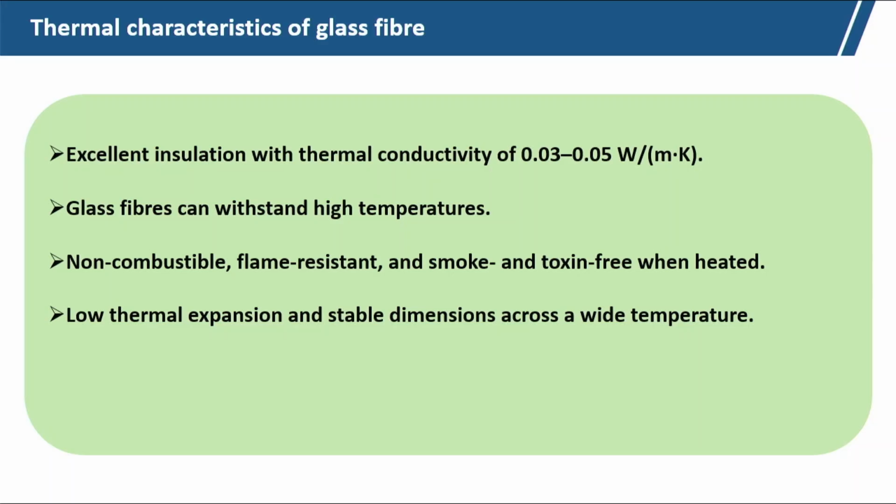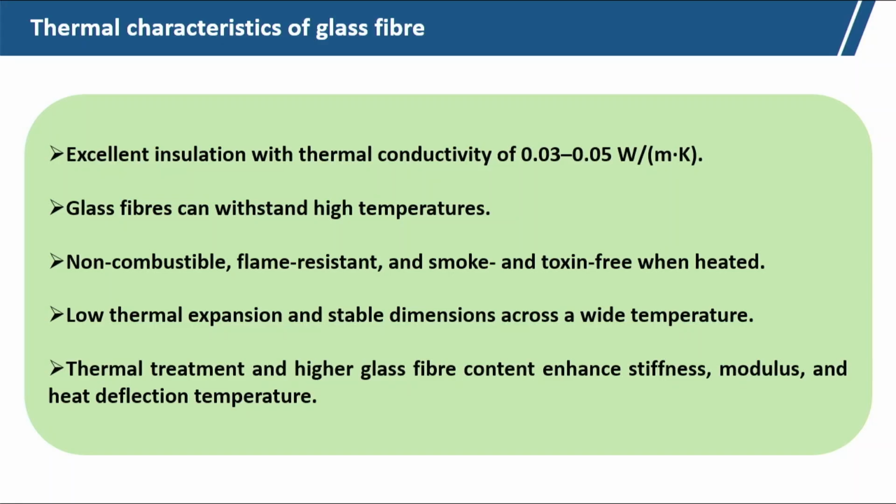So, they do not expand too much. So, that is why it is a good material for thermal insulation, high temperature thermal insulation. Glass fibers are very commonly used for thermal insulation.